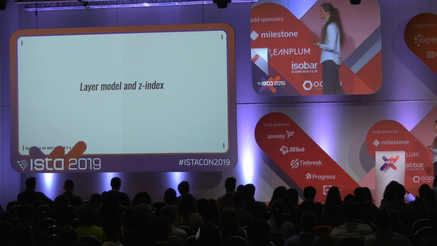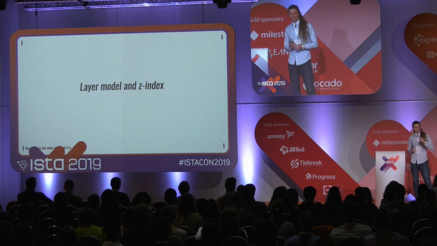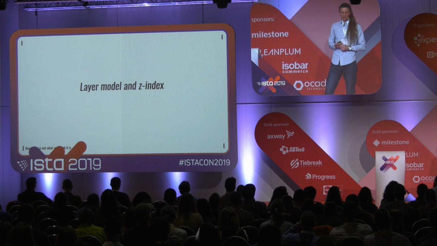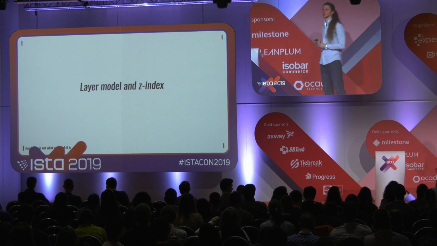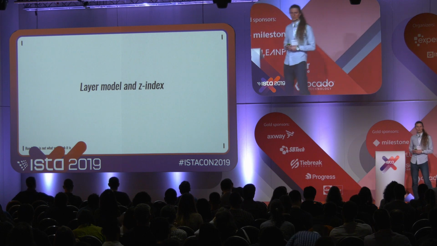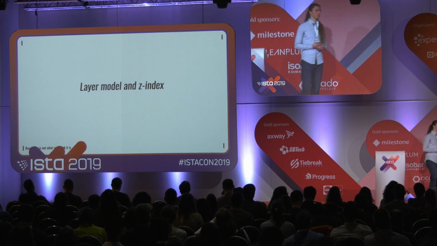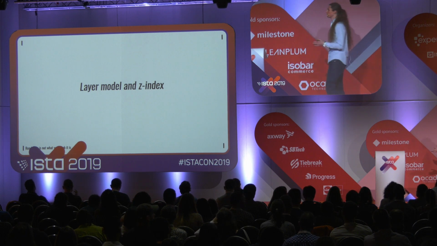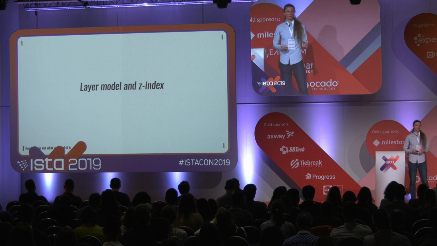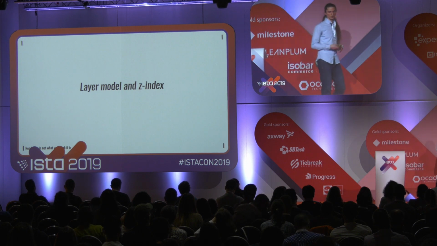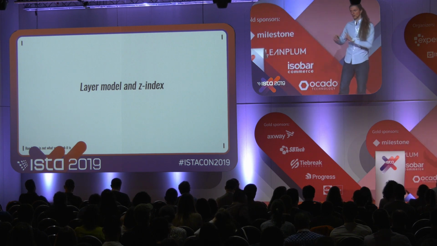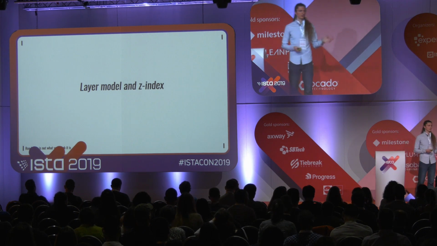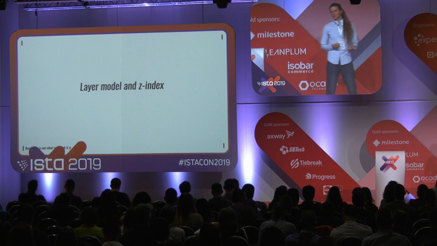And the layer model is actually something a bit more complex. You have the layer model in order to help you improve the performance, actually. Because more often than not, you don't want to change the whole page. There might be some minor thing, for example, a counter or a clock that stays, for example, at the header of the page. You don't want to redraw the whole thing just so that there's a small counter updating there.